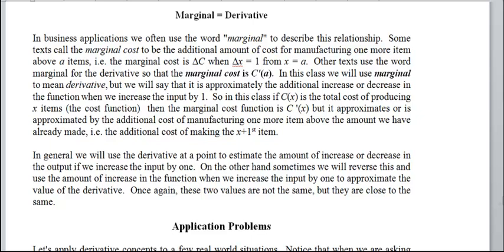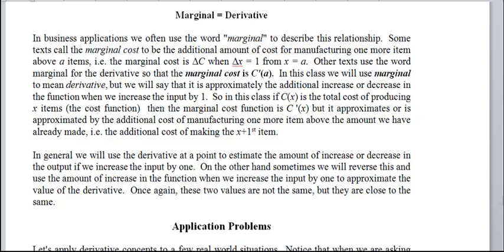So in general, we'll use the derivative at a point to estimate the amount of increase or decrease in the output if we increase the input by 1. And sometimes we'll do it the other way around. Sometimes we'll use the amount of increase to estimate the derivative. Essentially, we've been using difference quotients and symmetric difference quotients to estimate the derivative.